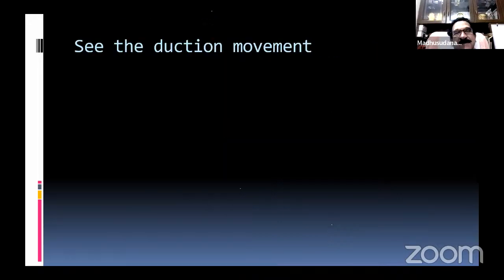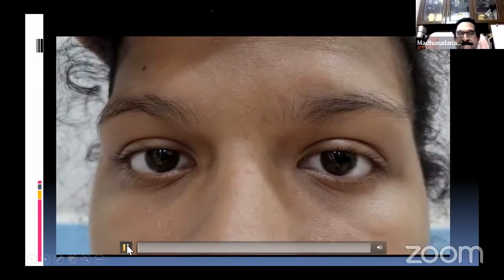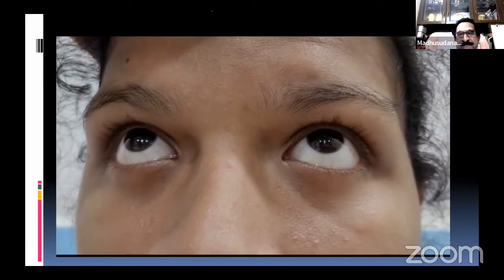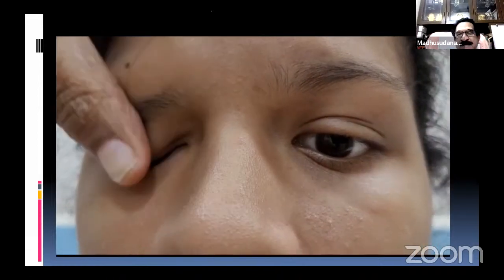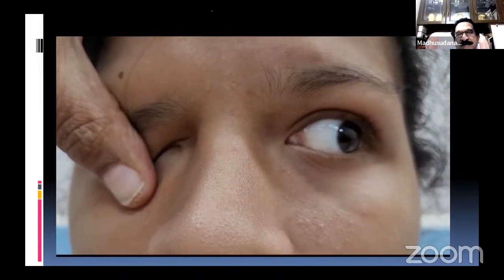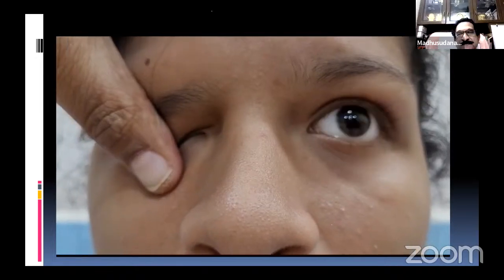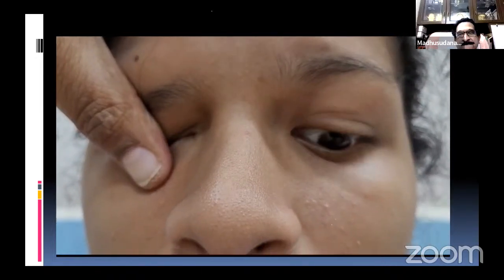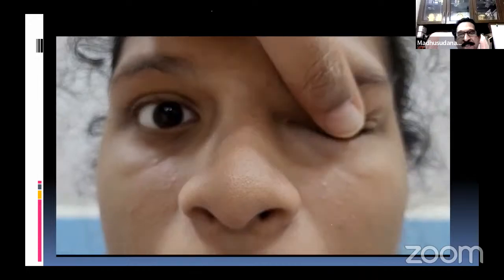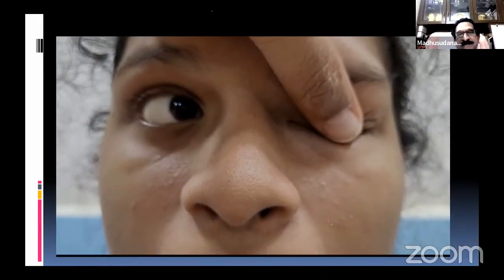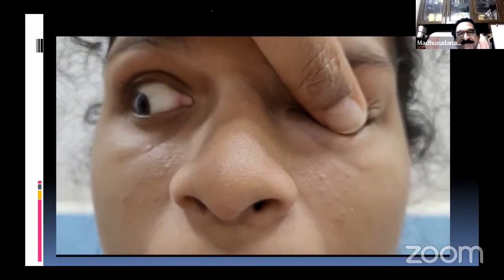But let us see. Now I'll show the adduction movement. Those eye movements are all normal range. Actually, we should have looked in the up position in the adducted position.